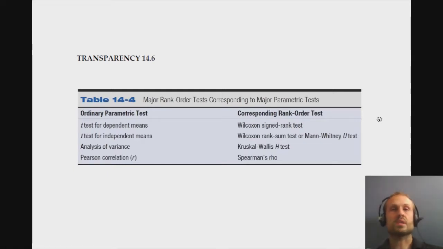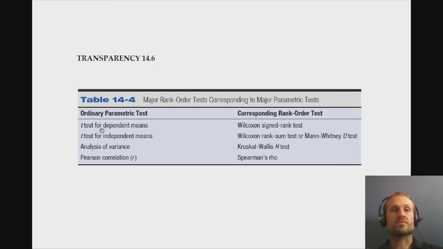And by way of SPSS, we can easily run these tests. There are rank order tests that you can conduct after this transformation, depending on what I wanted to do.